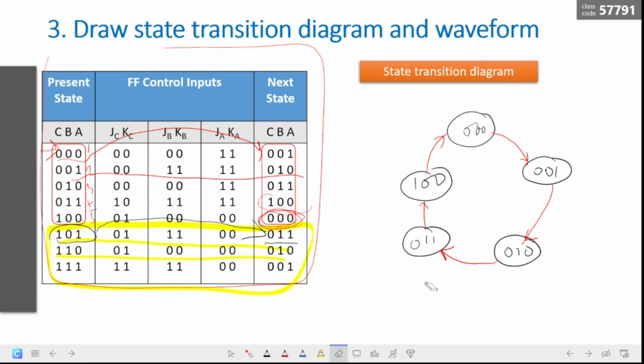Let me change the color first. Whenever the counter encounters the number 101, it will be forced to go to 011, and 110 will go to 010. And finally, 111 will go to 001. So that is our state transition diagram for this counter.